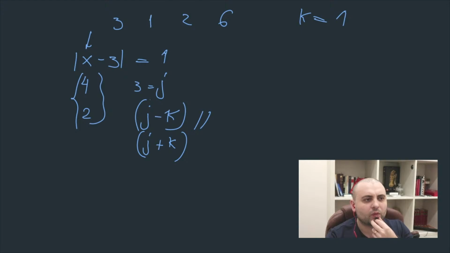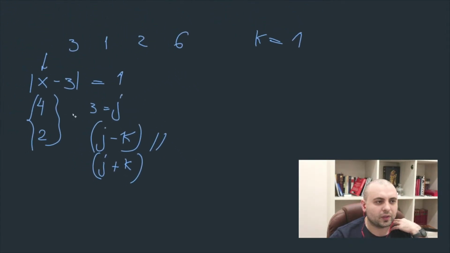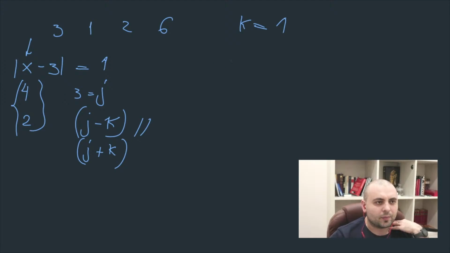J minus k, or item minus k. Yeah, I'm a bit confused. Okay, so it's not j here. Yeah, let's play a little bit with the formula, because I think I messed up the formula.